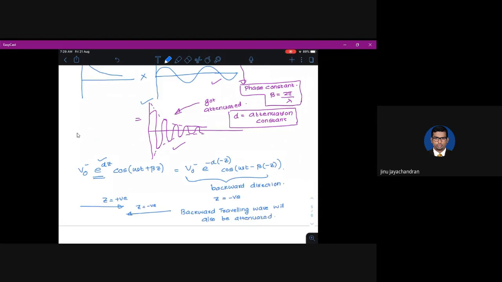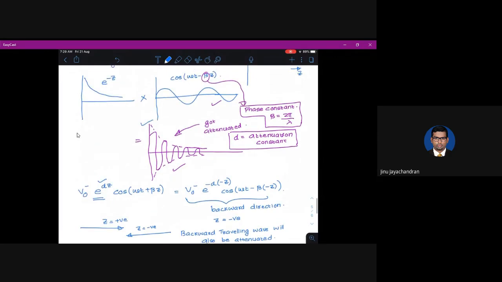And the unit of alpha is Nepers per meter, and the unit of beta is radians per meter.